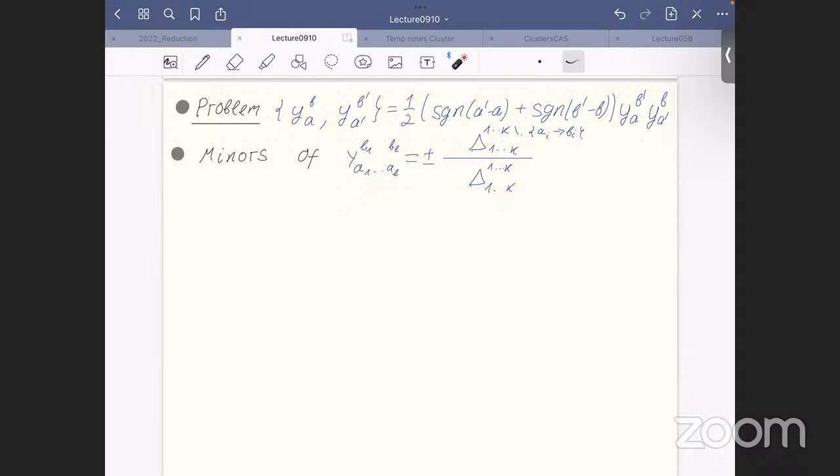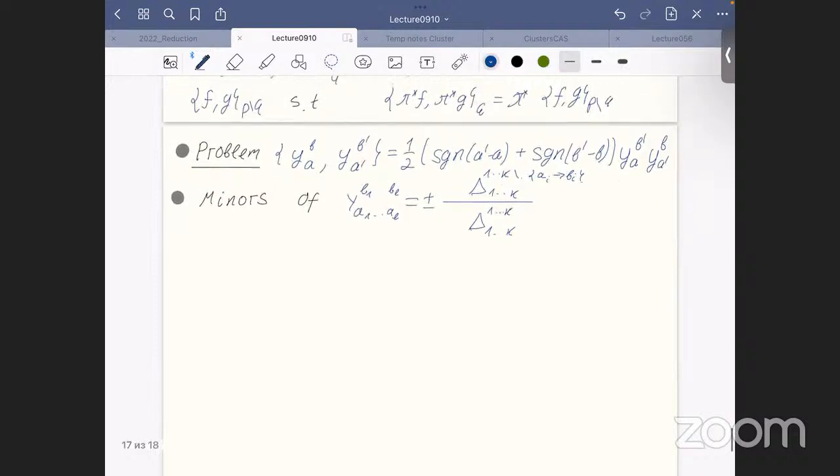I will need some lemma about some special Poisson brackets. You see this formula is again quadratic, but not clustered.